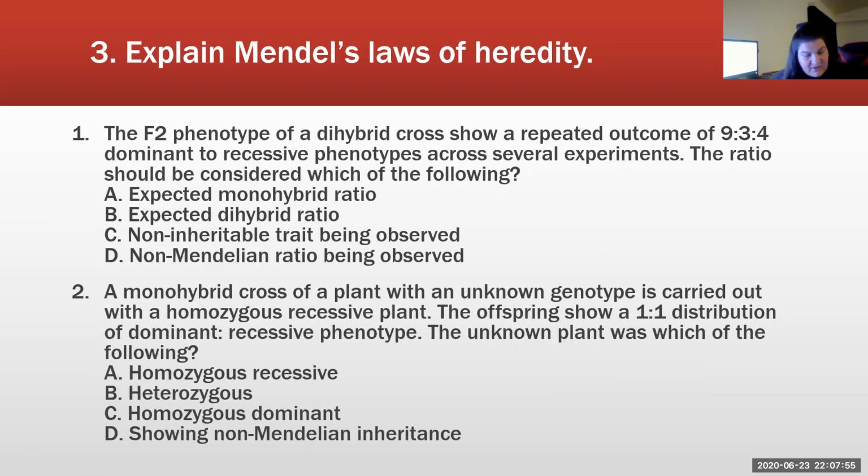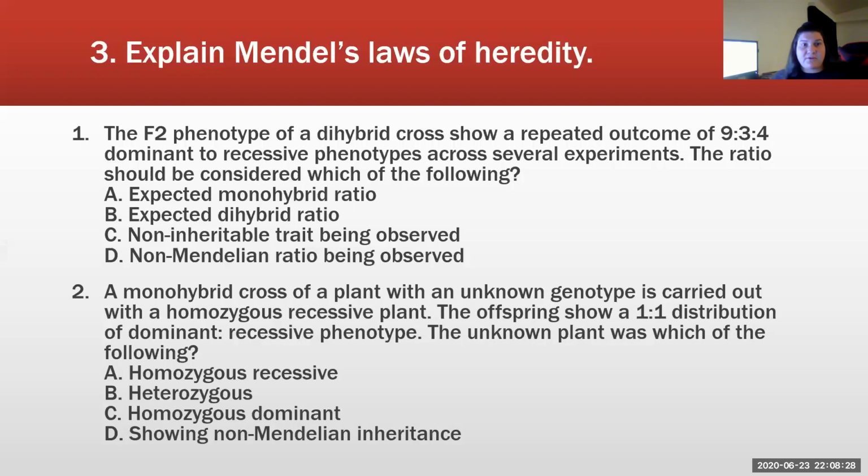The distorted 9-3-3-1 ratio with the last two numbers being combined to 4 is a non-Mendelian ratio due to interaction or other interference between genes. An expected monohybrid ratio would be 3:1. Expected dihybrid ratio is 9-3-3-1. A non-inheritable trait would not necessarily have a ratio that was repeated. So the repeated outcome of 9-3-4 is a non-Mendelian ratio that's being observed.